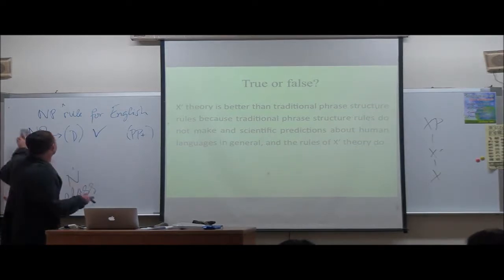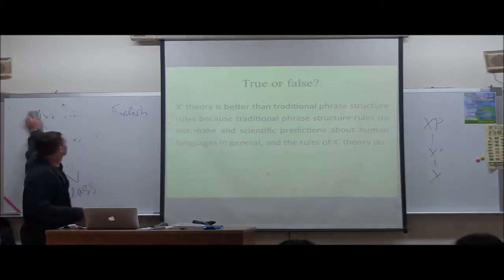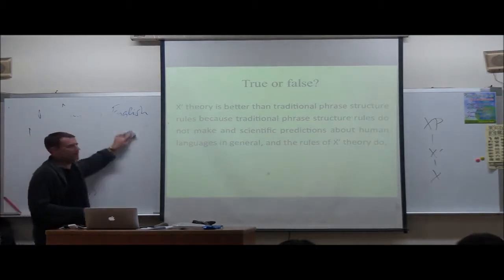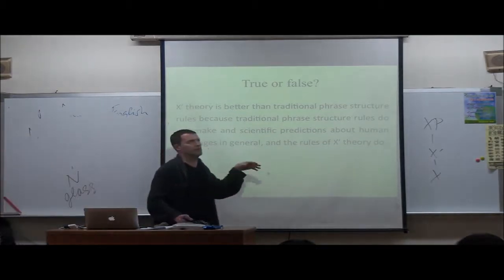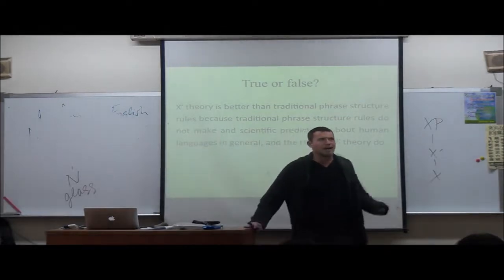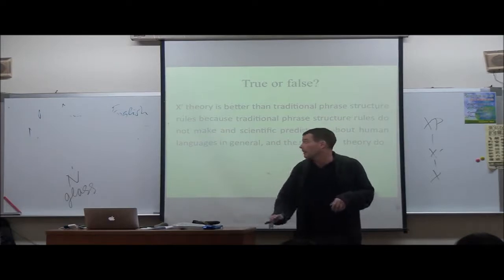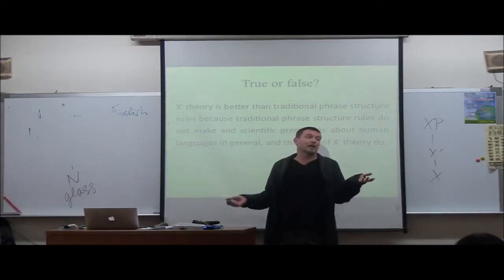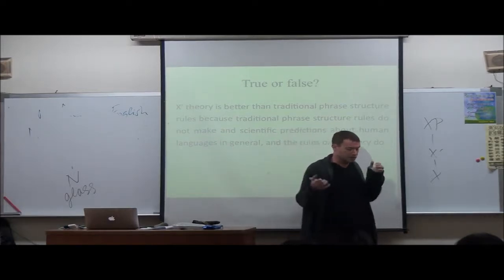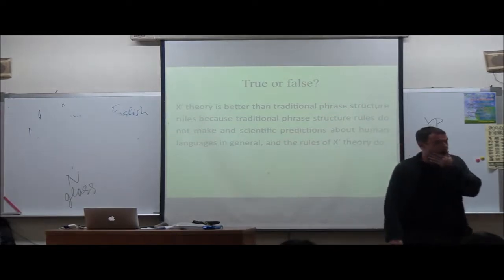No language that we've ever discovered is such that a noun phrase consists of a determiner followed by a verb. Now that might seem totally obvious to you, but there's nothing that would prevent us from describing a language like that with these traditional phrase structures.